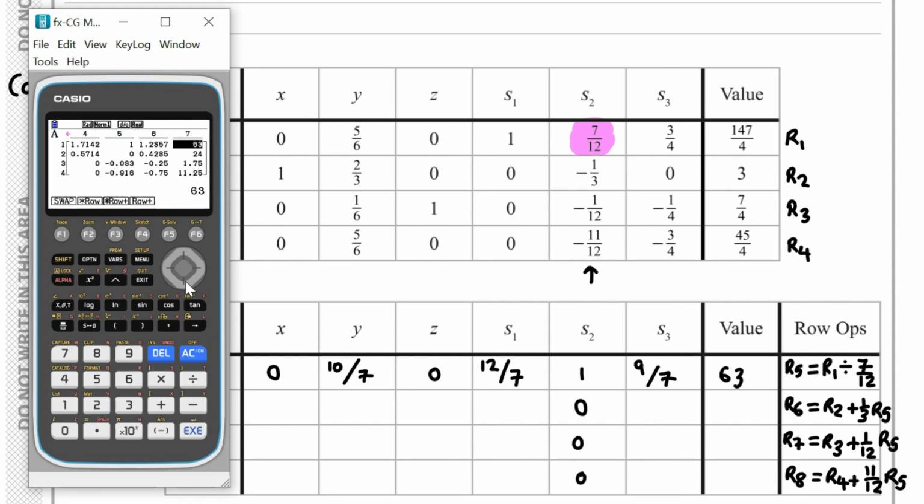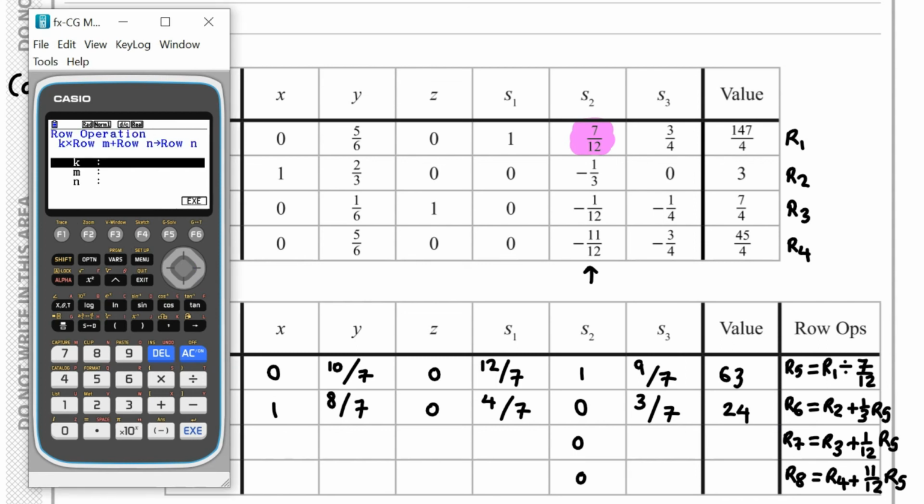So if we execute this, here we've got 1, 8 over 7, 0, 4 over 7, 0, 3 over 7, and 24.